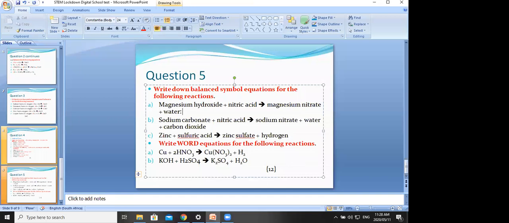Magnesium hydroxide is Mg(OH)2, reacting with nitric acid, HNO3. And then what do we get?